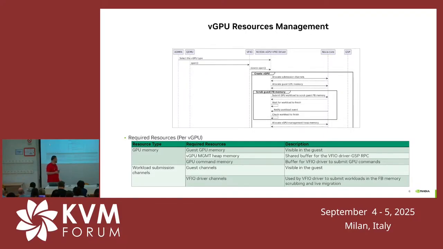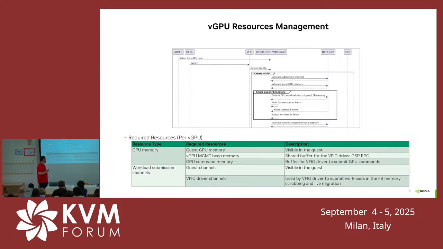So here's the list of required resources we need to allocate per vGPU. The guest resources we have been talking about: guest submission channels, guest GPU memory, and there would also be the vGPU management heap memory, so we can talk to the GSP through the heap memory, and also the GSP command memory.